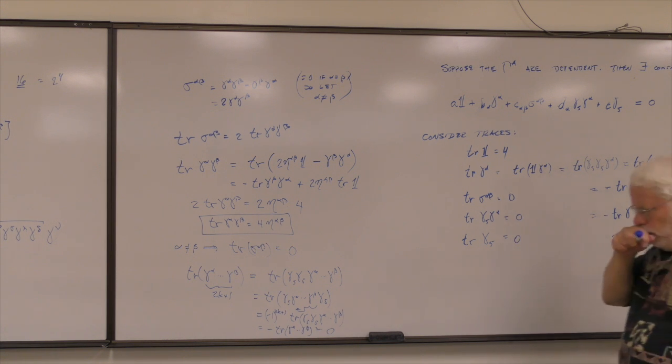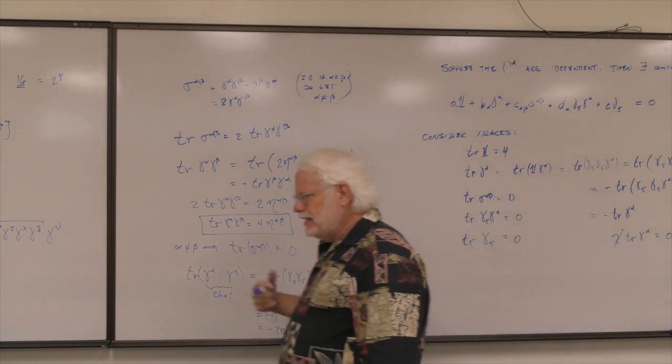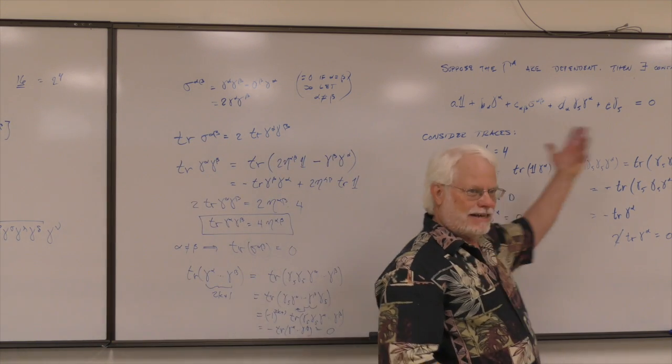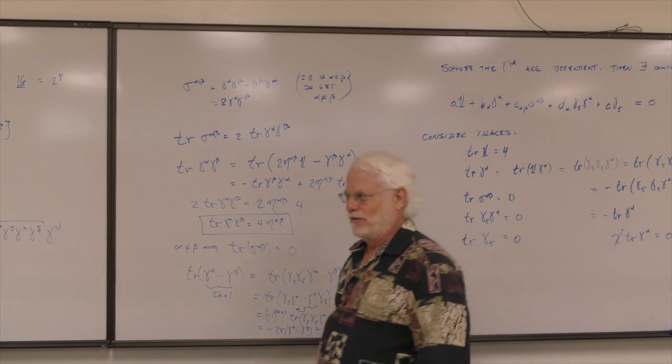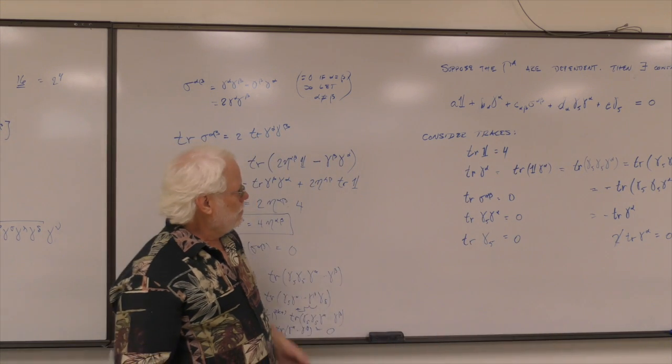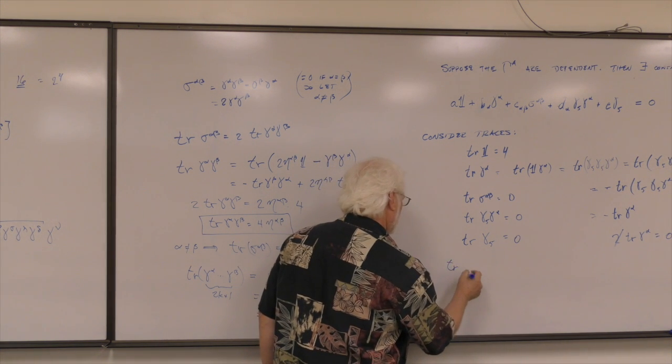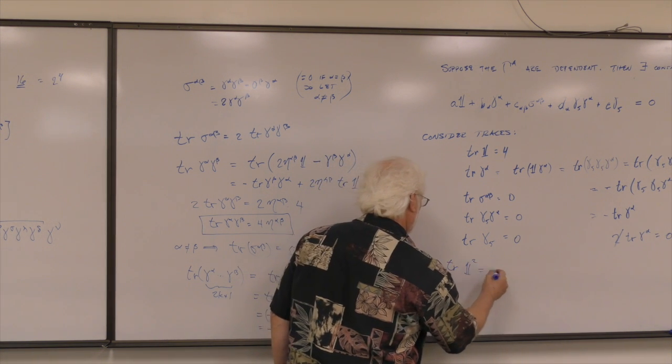So now, the next thing we prove is that the trace of the square of any of them is not 0. So if I take the trace of 1 squared, that's still going to be 4.